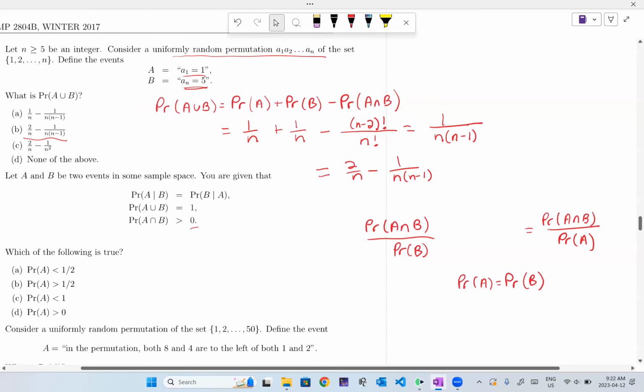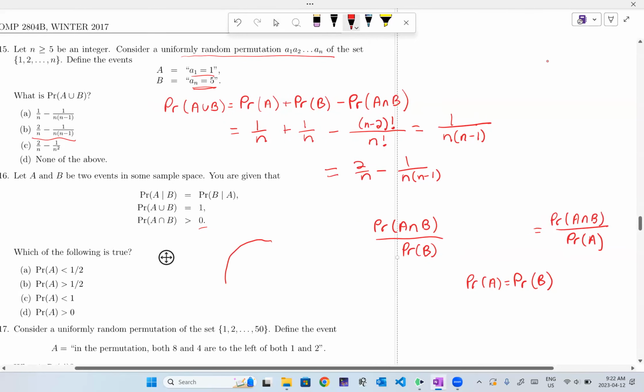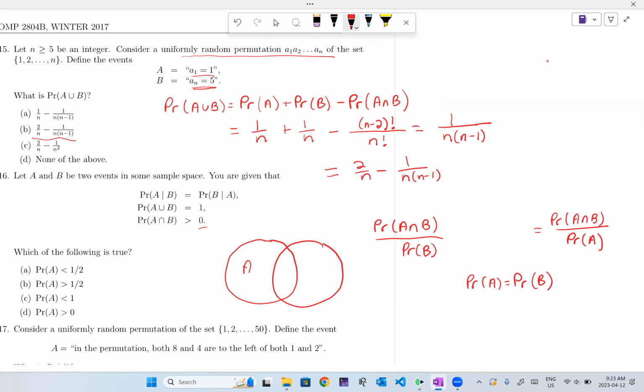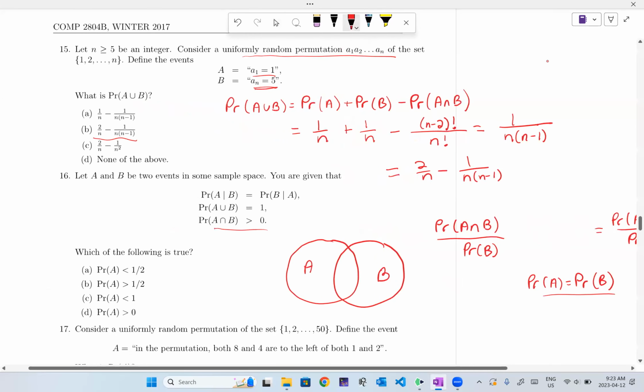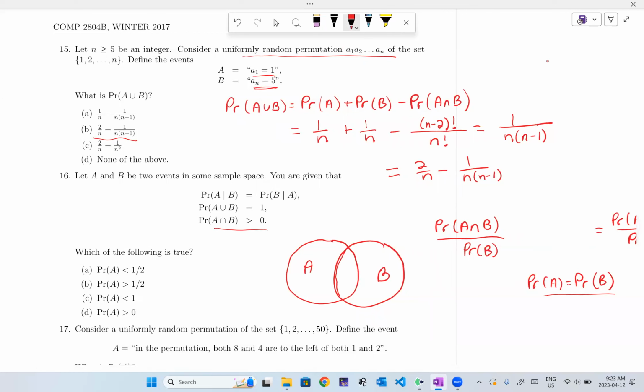Okay. A union B is equal to 1. So let's draw a little. This is A and B, and if I take all of that together, that's everything in my sample space, so that's 1. I know these probabilities are equal, and the probability of A intersect B is greater than 0, which means this is not empty. There's something in here.